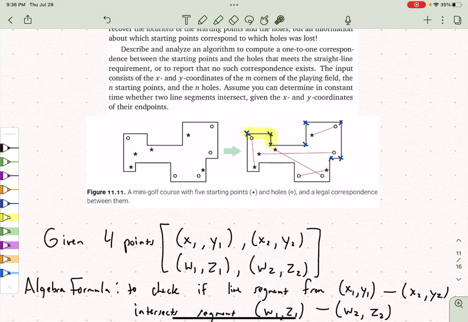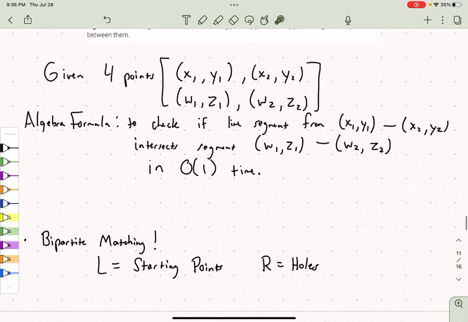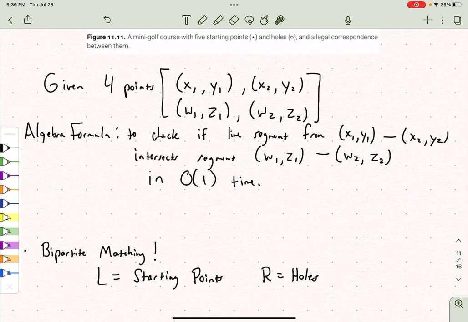So naturally you might be thinking, okay, we're literally matching holes to starting points, so it must be some kind of bipartite matching problem. And you would be right. So the bipartite graph is going to have the starting points in L, the left side, and the holes in R, the right side.